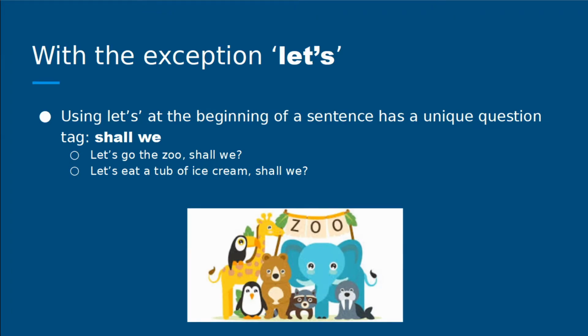With the exception of let's. Using let's at the beginning of a sentence has a unique question tag. Shall we? Let's go to the zoo, shall we? Or let's eat a tub of ice cream, shall we?